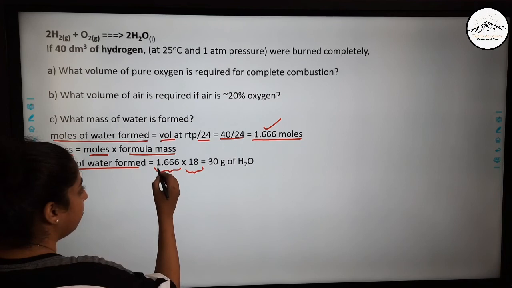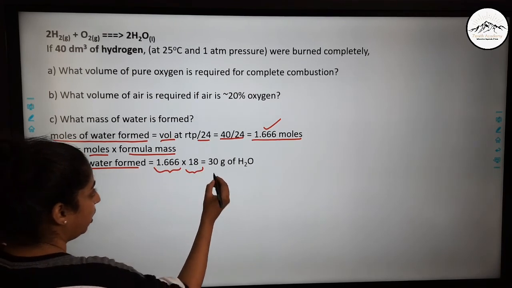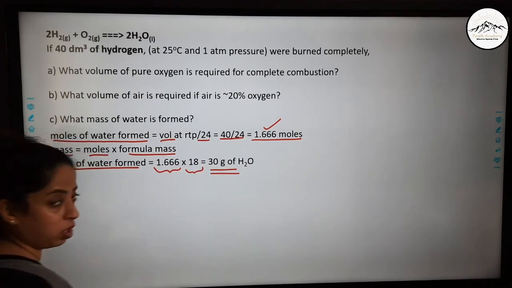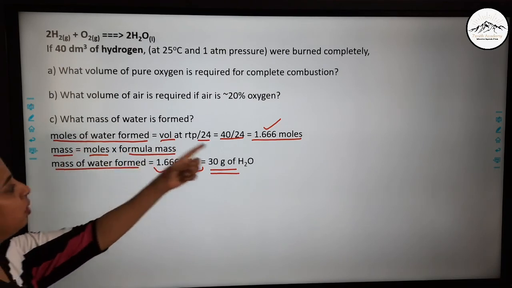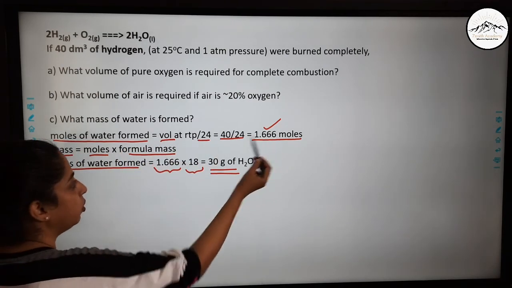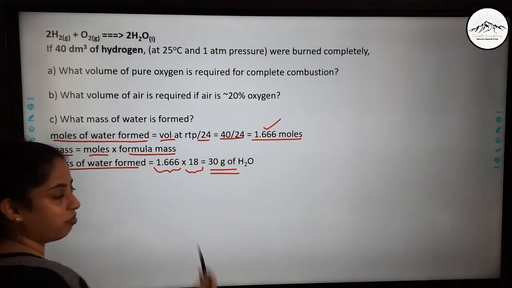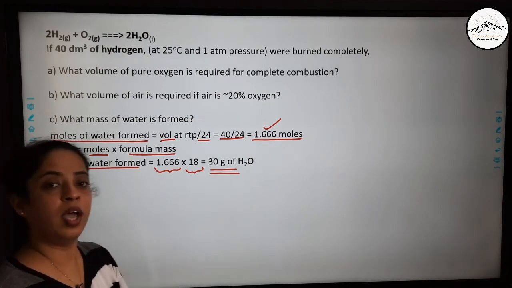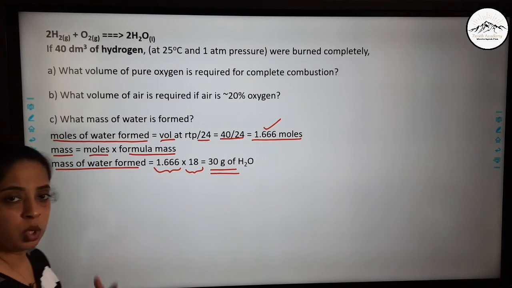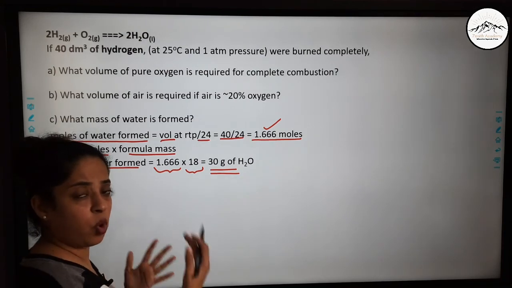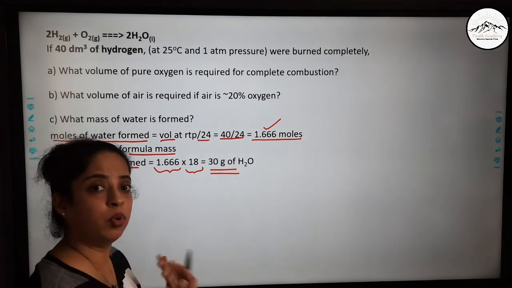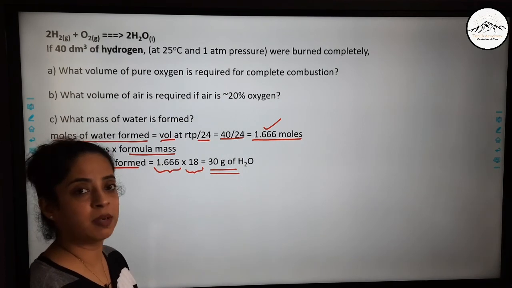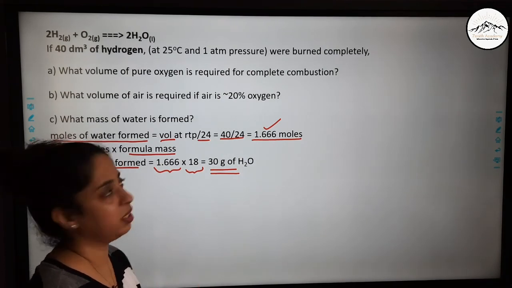So we multiplied 1.666 into 18 to get 30 gram of water. So remembering the formulas and doing 2 to 3 calculations is more difficult than what I explained you earlier. So you can follow any of the methods. So please try both these methods for all the types of sums and then you will be very confident at it.